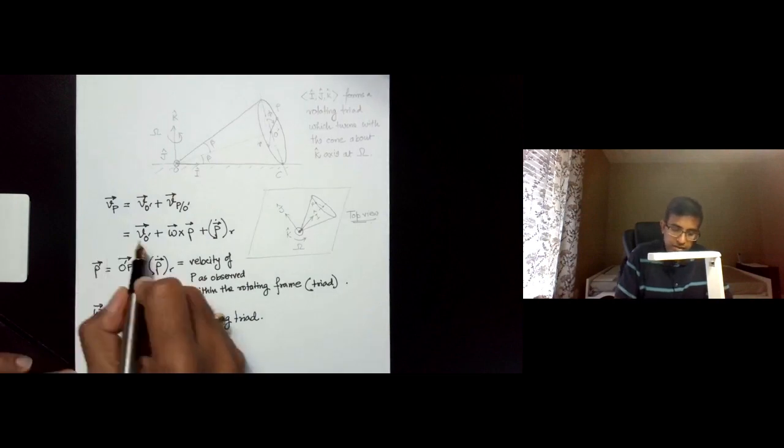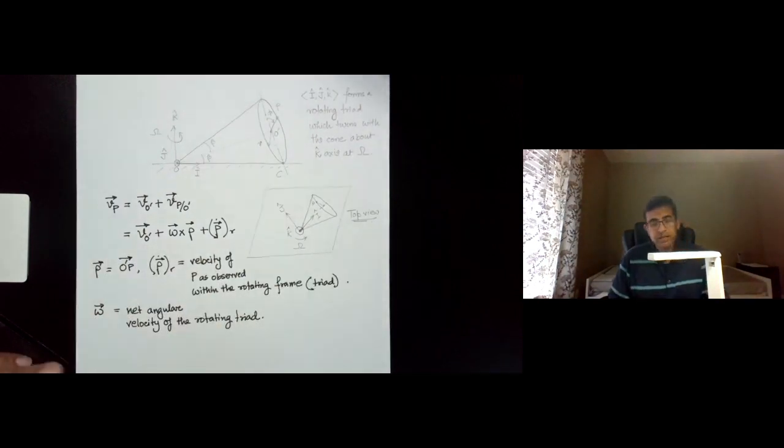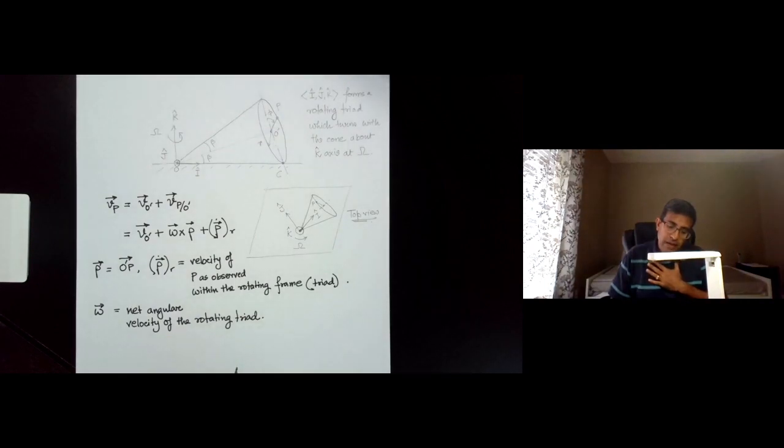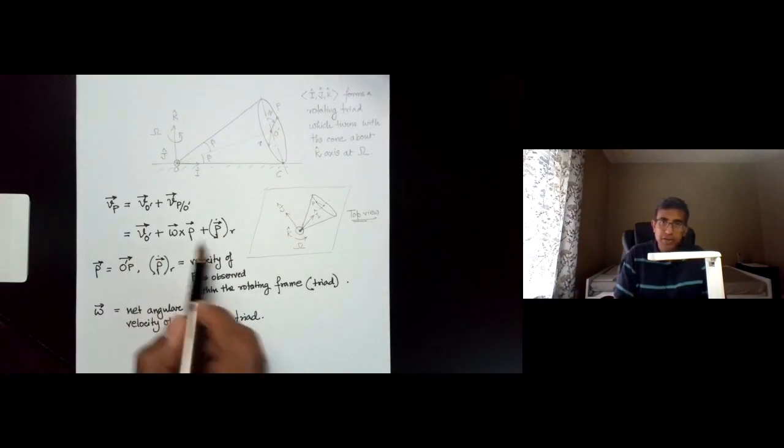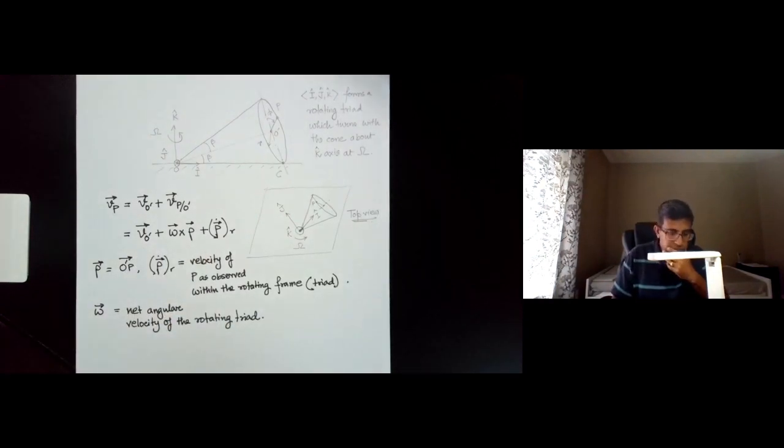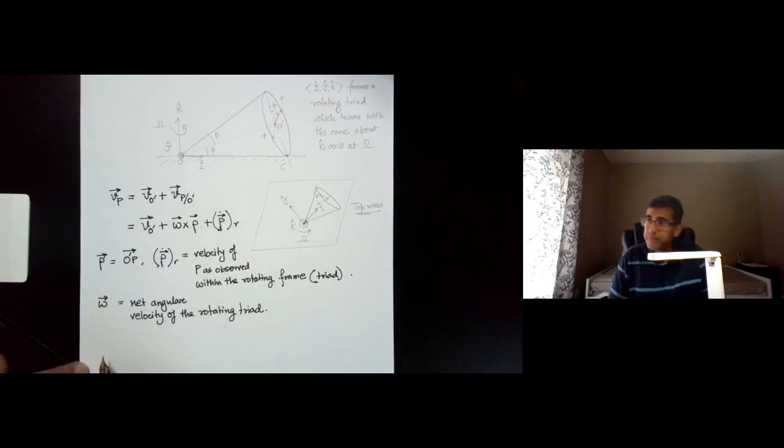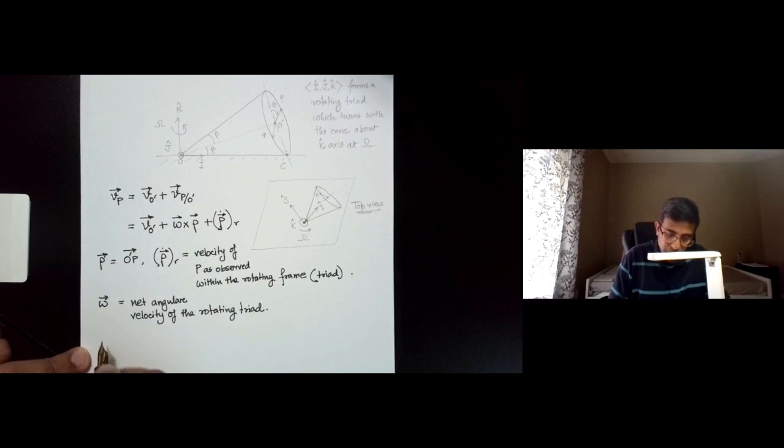So we have the velocity of P given by the sum of these three expressions, and we are going to find the velocity by determining each of these vectors. All right, now let us start our discussion with the velocity Vo prime.